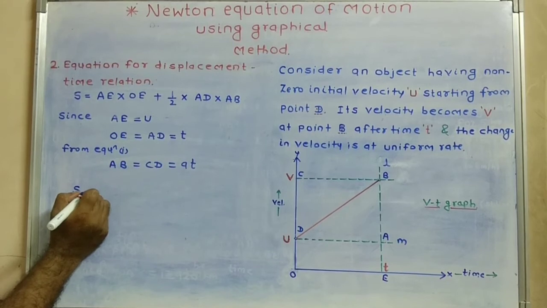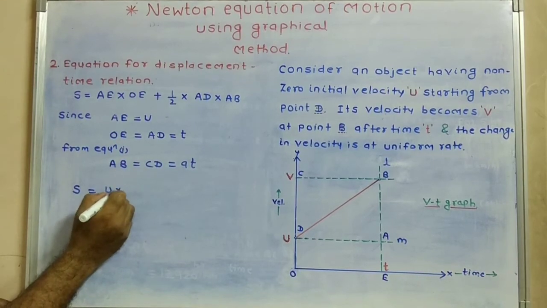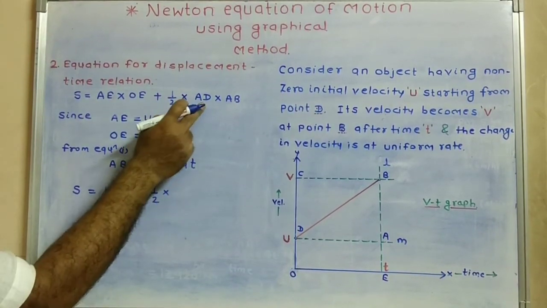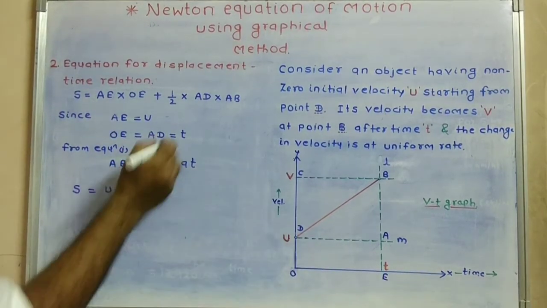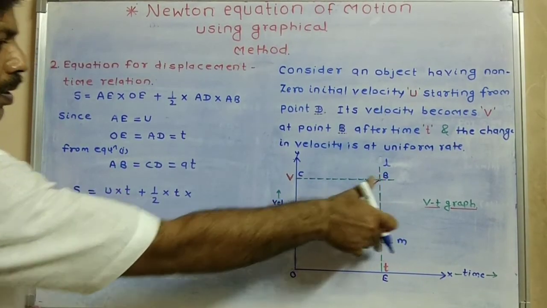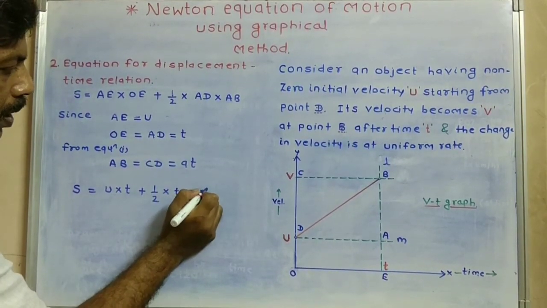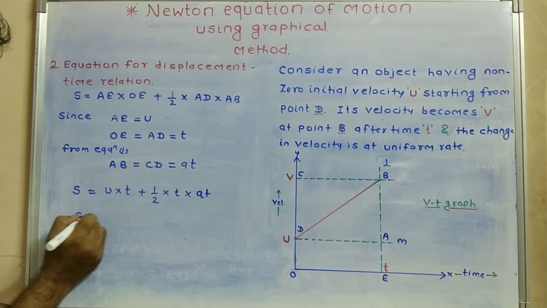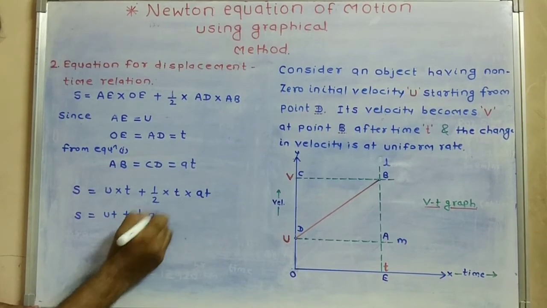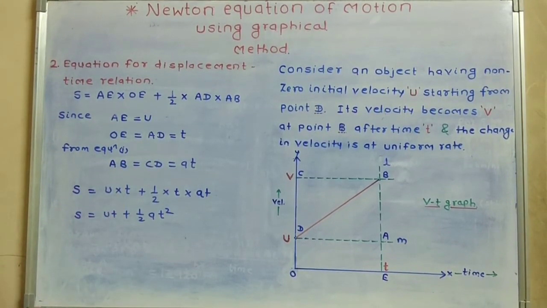Therefore, S will be equal to, what is the value of AE? The value of AE is equal to U. Multiplied by the value of OE, which is T, plus half multiplied by the value of AD, which is again T, multiplied by the value of AB, which is CD, that is A. Therefore, S is equal to UT plus half AT multiplied by T, which is T square.